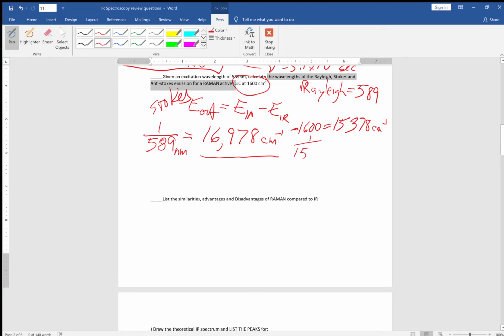1 over 15,378 is going to give me a wavelength of 650 nanometers, redshifted towards longer wavelength.